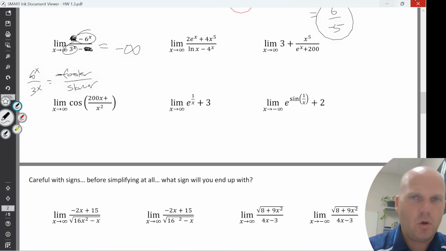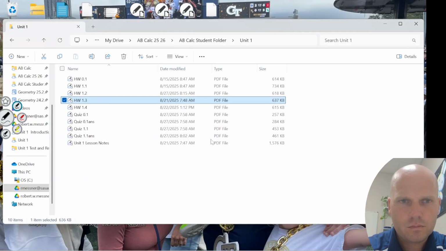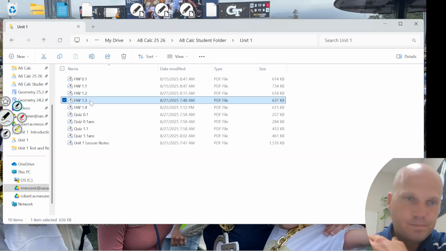Let's try to close this out and open it back up. What I don't want to have to do is restart this computer, because that would be a disaster. Ooh, can I finish this homework in 35 minutes?